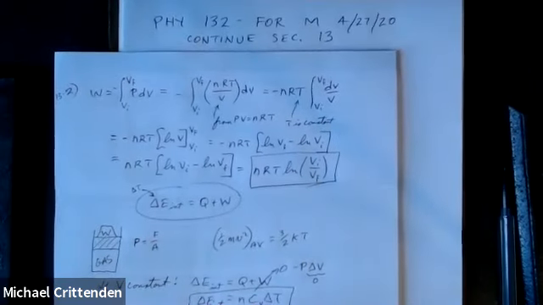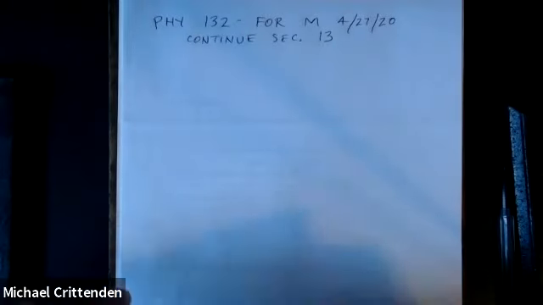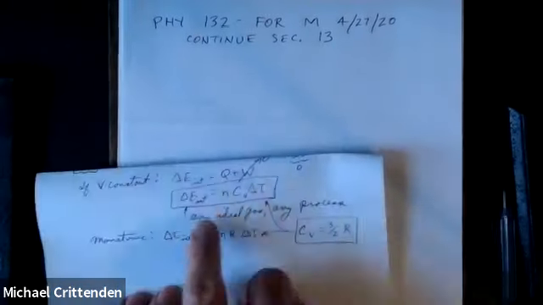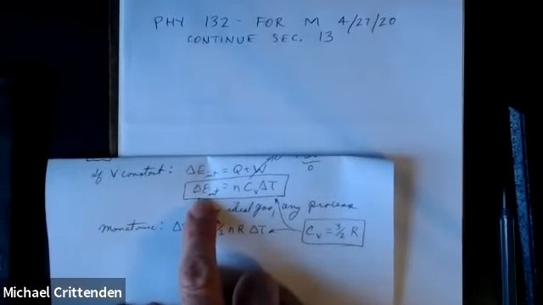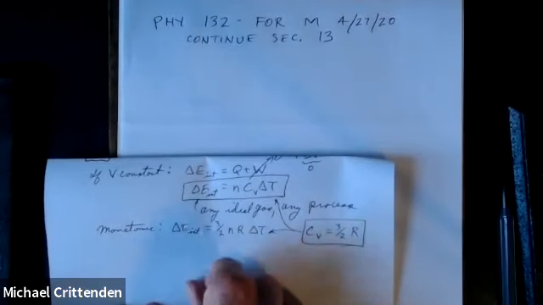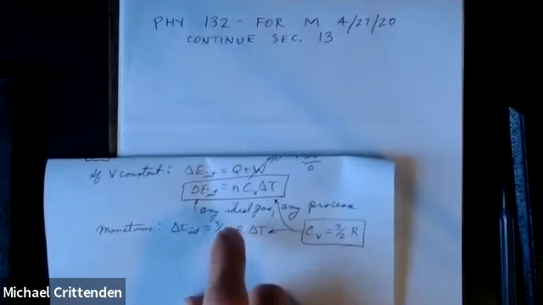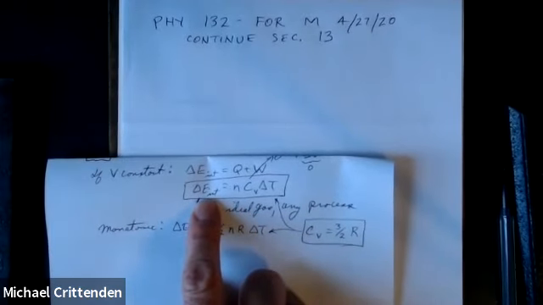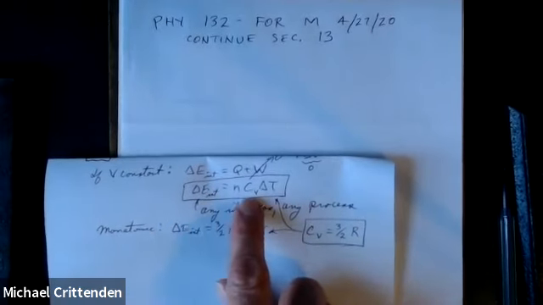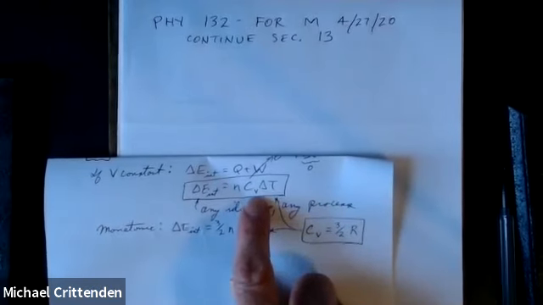I had said that for any process involving an ideal gas, the change in the internal energy of that gas is equal to nCV times delta T, where CV is the constant volume molar specific heat.